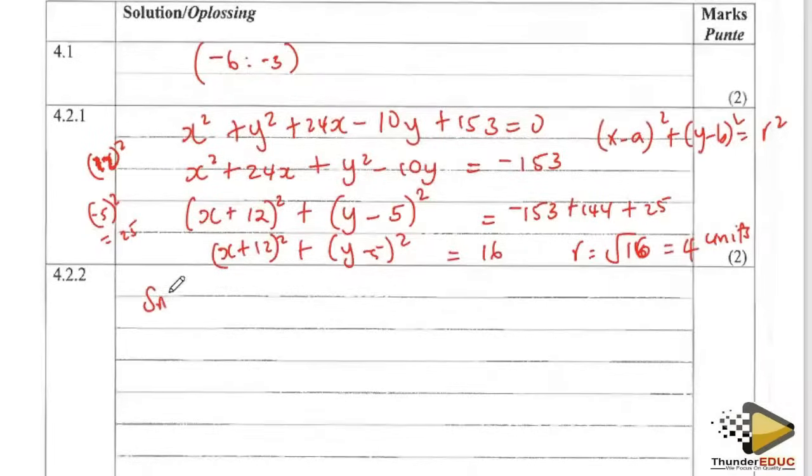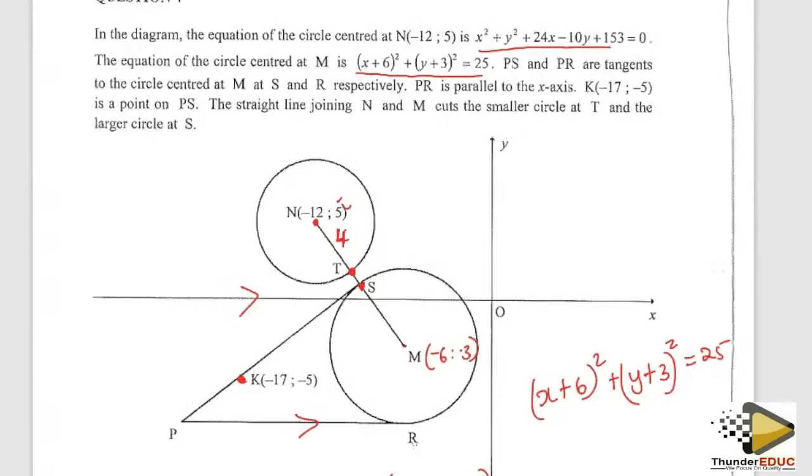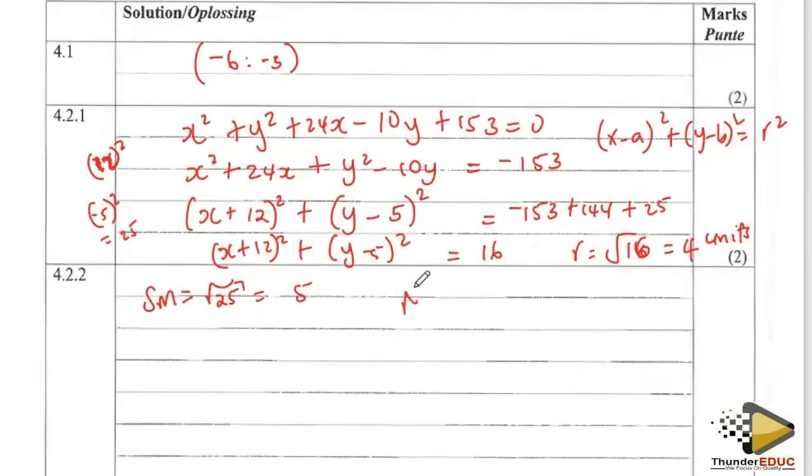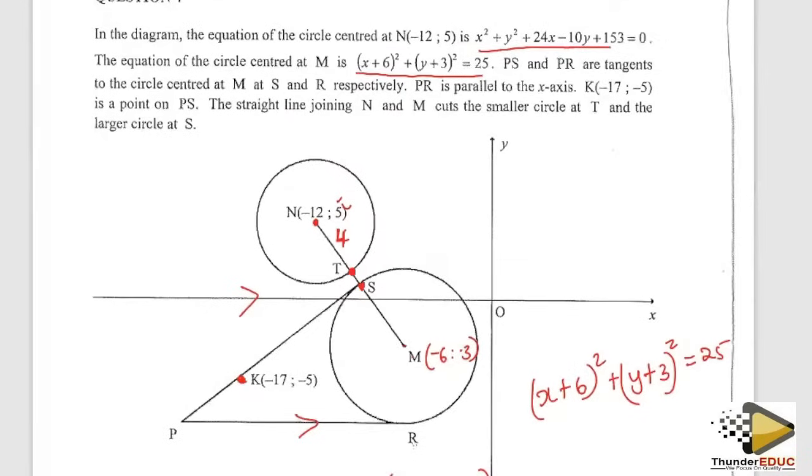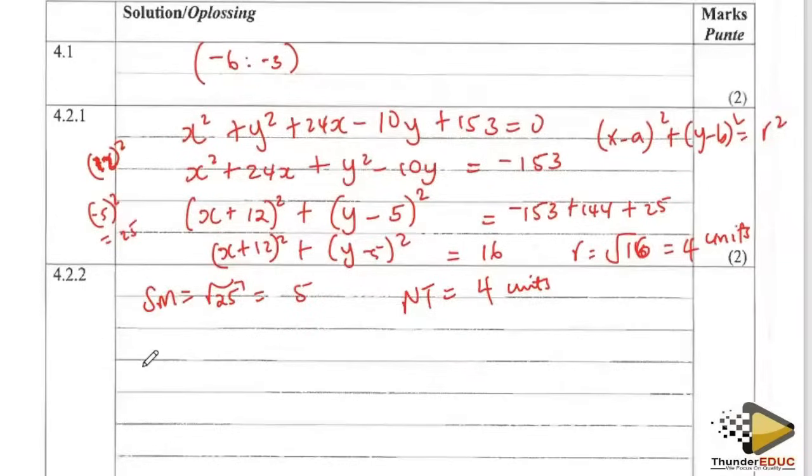So I'm going to say the distance SM is going to be the square root of 25, which is 5 units. Okay. We say the distance of NT, we found it to be 4 units. Then all I need to find is the distance NM.